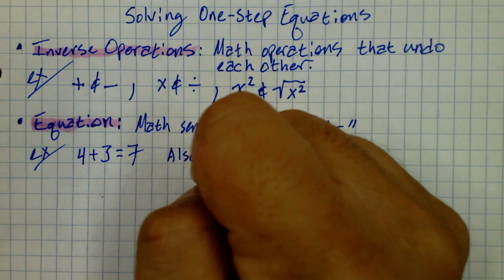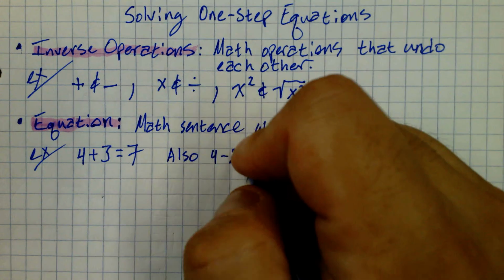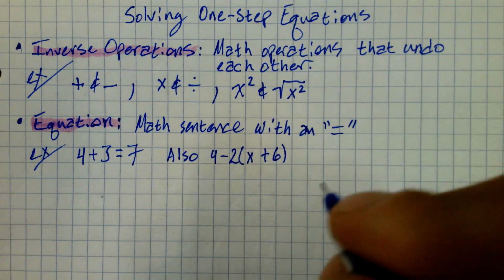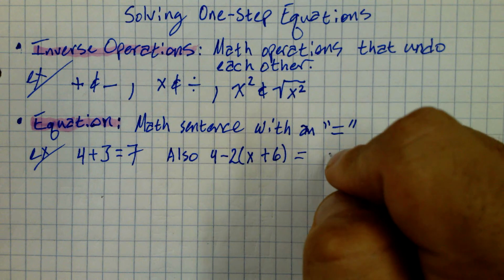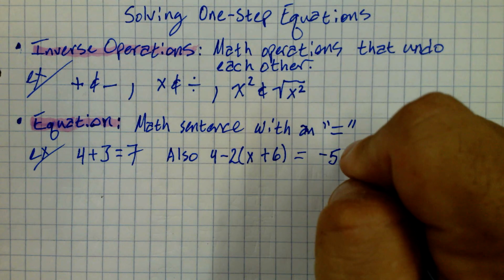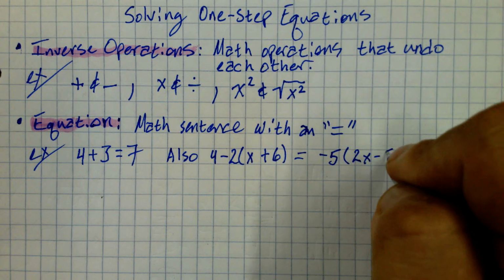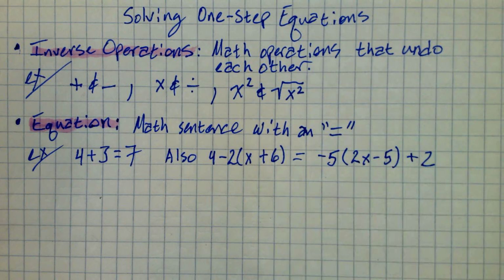So let's see. 4 take away 2 times the quantity x plus 6 equals negative 5 times the quantity 2x minus 5, plus 2.